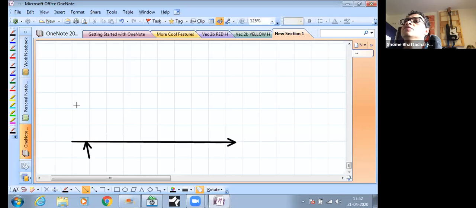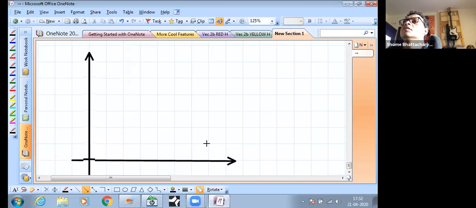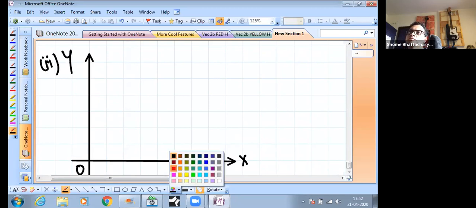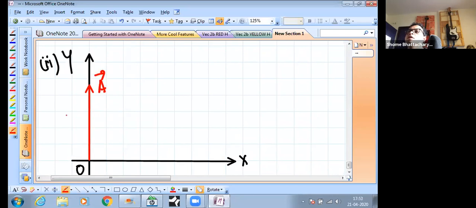With respect to a system of x and y, in the second part, vector A itself was like this. So you can see that it had a magnitude of 12 or whatever that was, and this angle was 90 degrees.